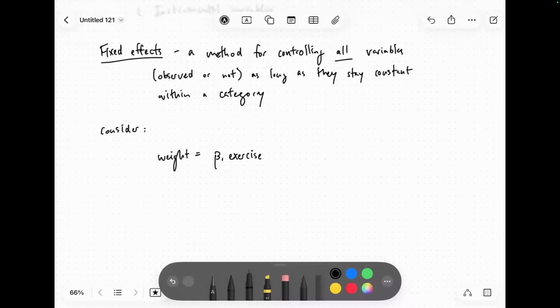All right, so I need your help here. What are possible confounders to this particular setup? Do we think that there are other things besides how much we exercise that might influence our weight?